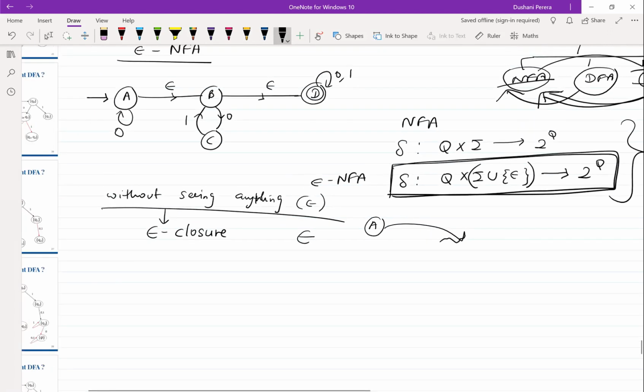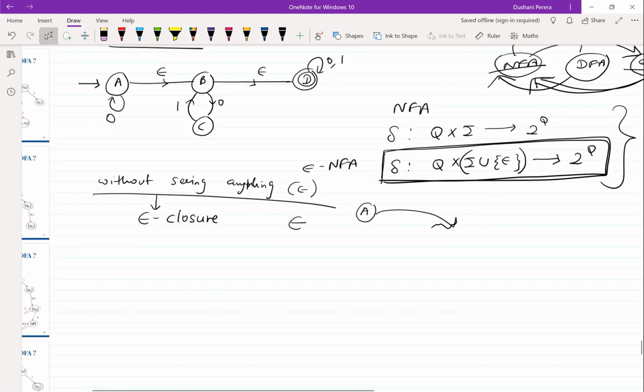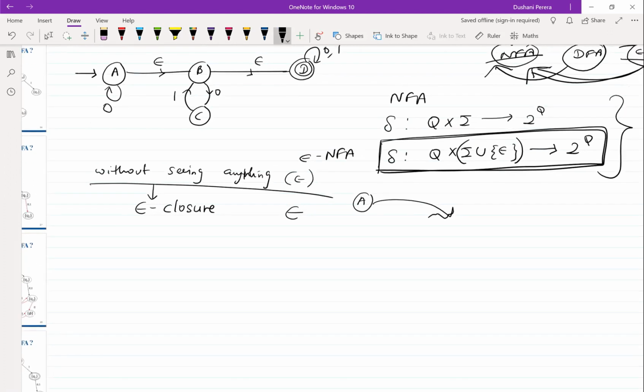Right? Now let's take this example, this one that we drew. So when I'm at state A, when I see epsilon, I can go to A. Remember, when you are at a particular state, when there is a null transition, whatever it is, you are anyways there.